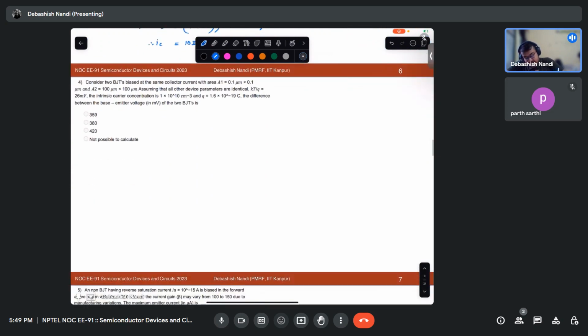So next is that if two BJTs are biased at the same collector current with area this and area that, assuming that all the other device parameters are identical, the intrinsic carrier concentration, these are given. What is the difference of base emitter voltage? Okay. You see your IC is equal to beta times IB, right? And what is your IB?